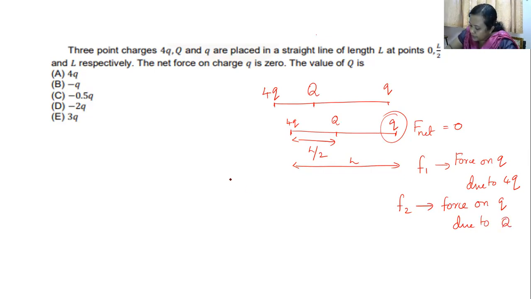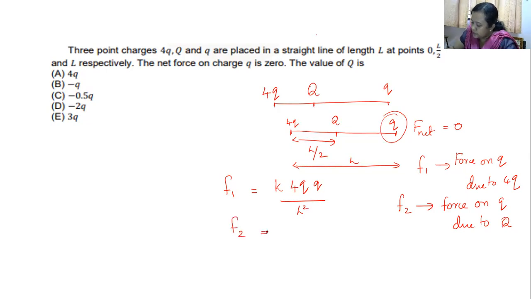So what is the value of F1? F1 will be equal to K, Coulomb's constant, into 4q into q divided by the separation between them, L square.